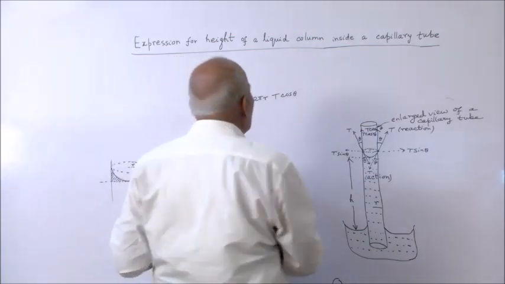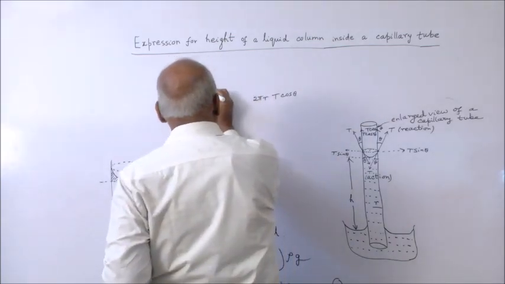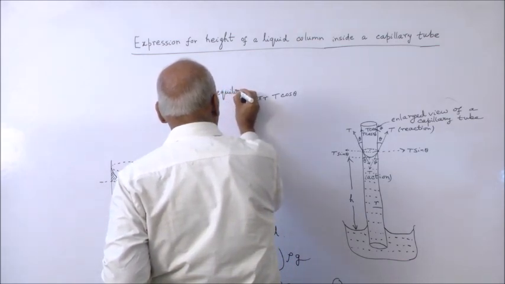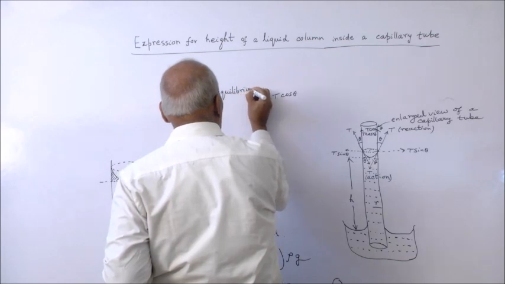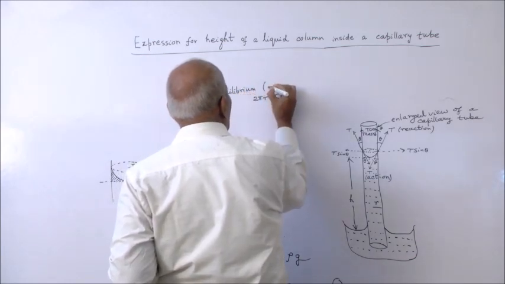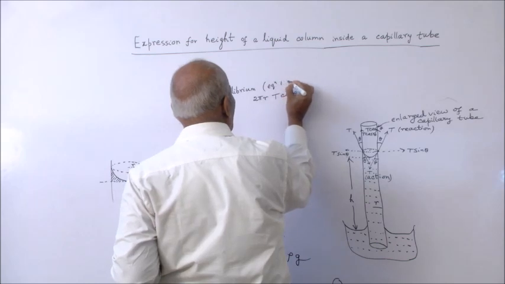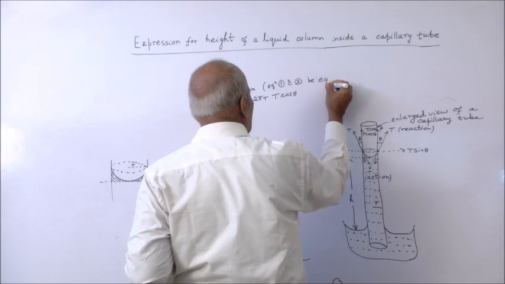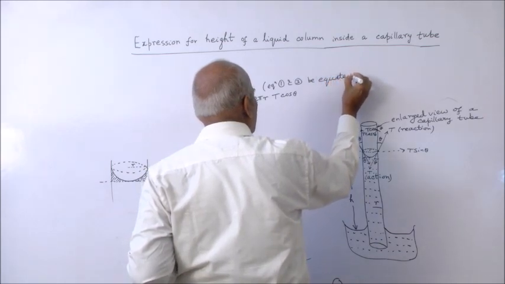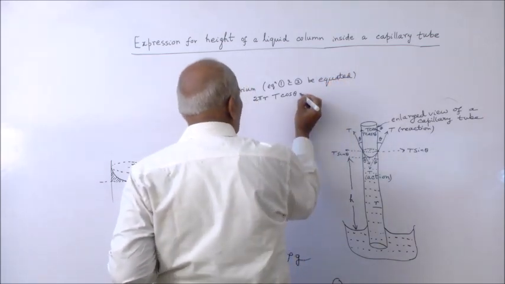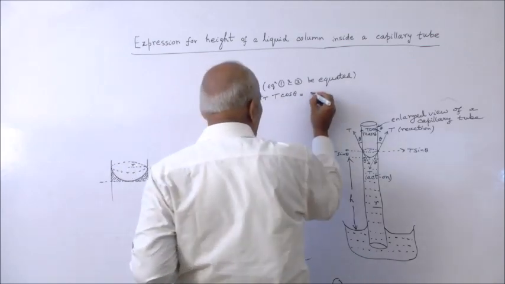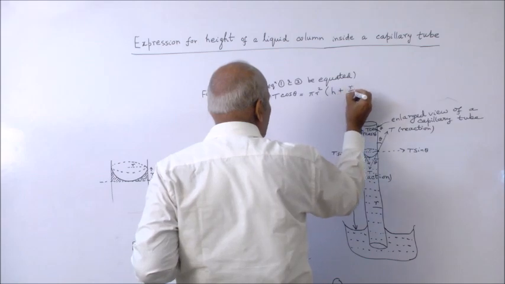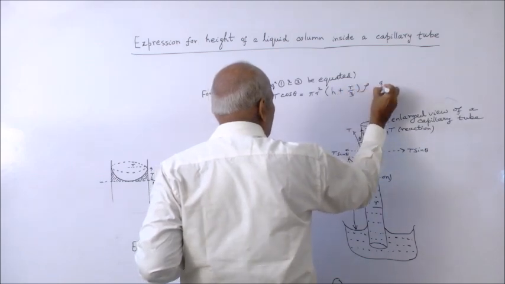So, for equilibrium, equations 1 and 3 be equated. So, this is equal to pi r square, then h plus r by 3, rho g.